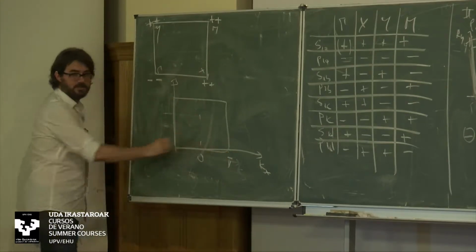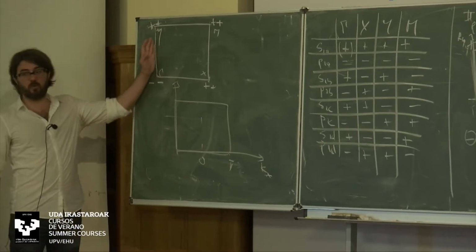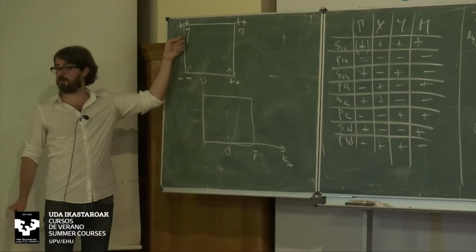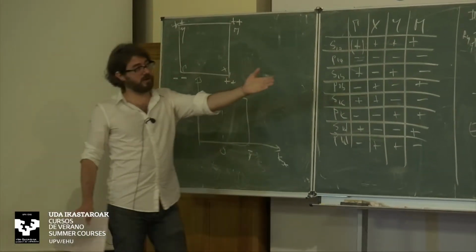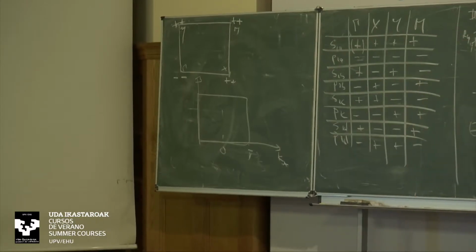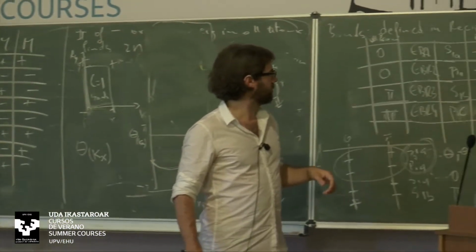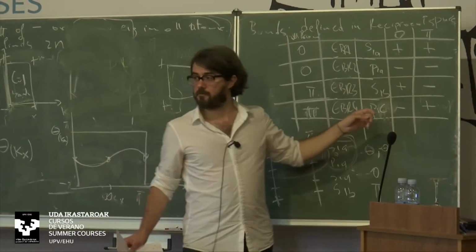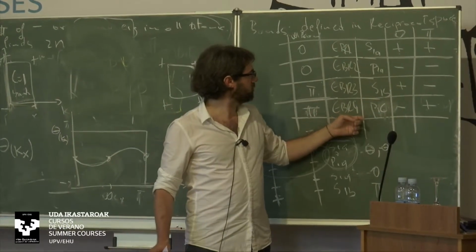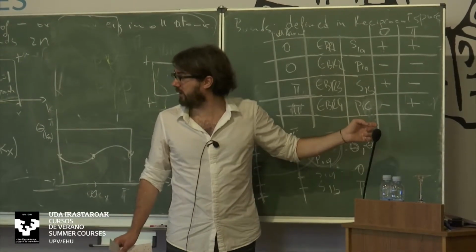What are they at kx equals 0? At kx equals 0, I have a 1D system that's inversion symmetric, because the eigenvalues are minus minus and plus plus. What is the only way in 1D I can get eigenvalues minus minus and plus plus? Minus minus and plus plus at gamma and y.